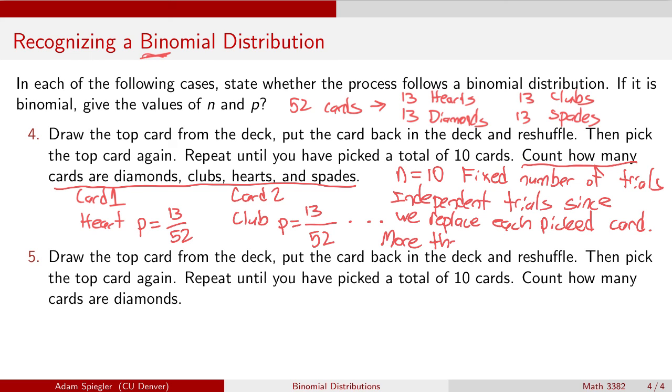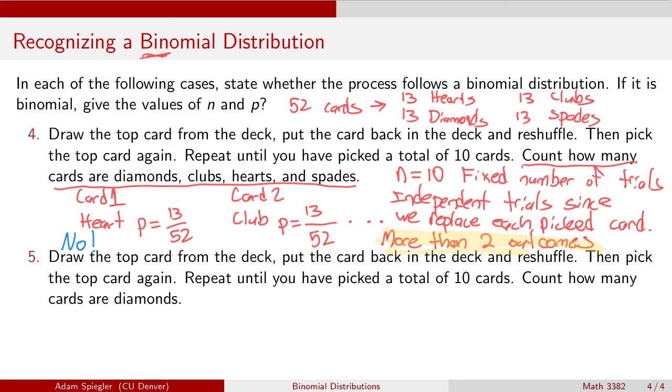So the problem here is that we have more than 2 outcomes on each trial. So this right over here is what is going to violate one of the key conditions for a binomial distribution. So this one is not binomial.